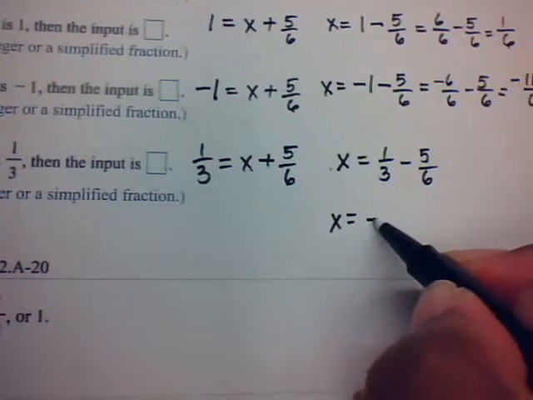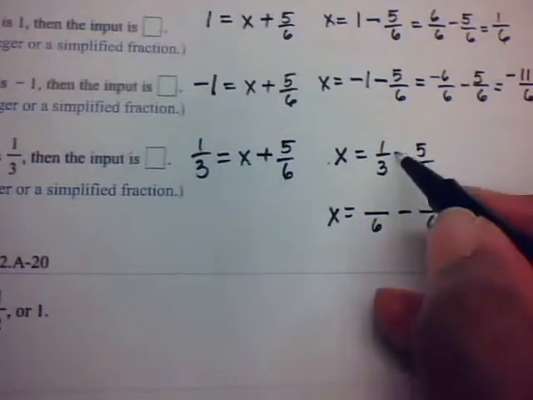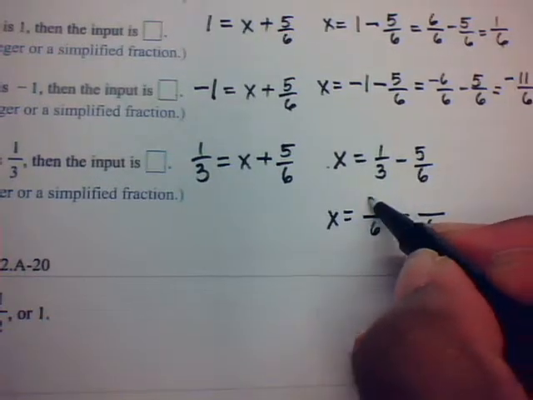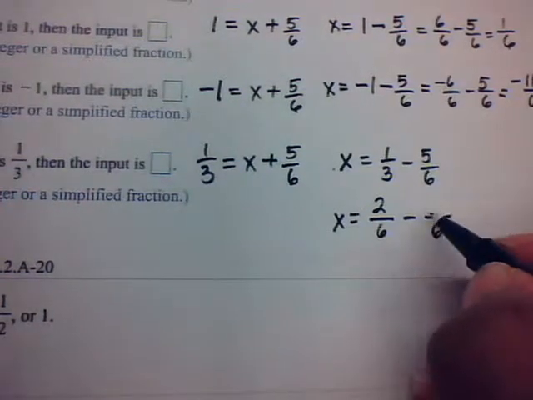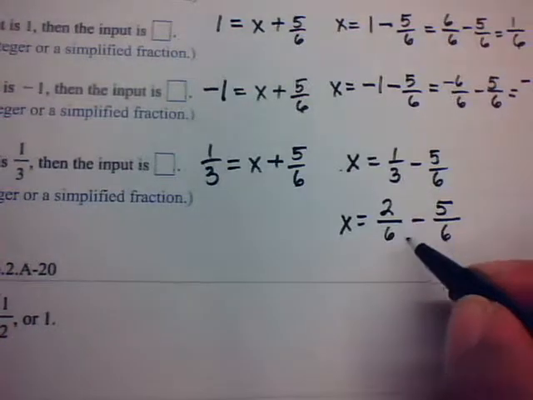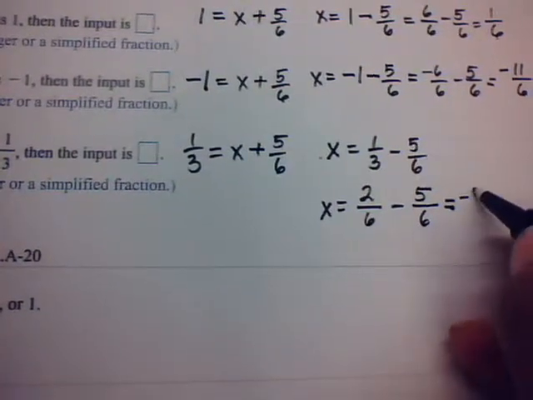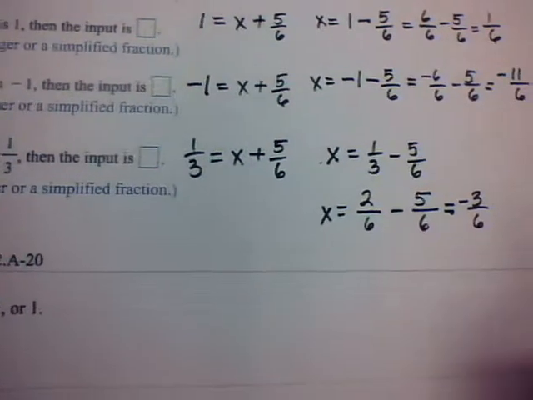The common denominator of 3 and 6 is 6. The equivalent fraction of 1/3 would be 2 over 6, and then we can bring down the 5 over 6. Now you have 2/6 minus 5/6, which is negative 3/6.